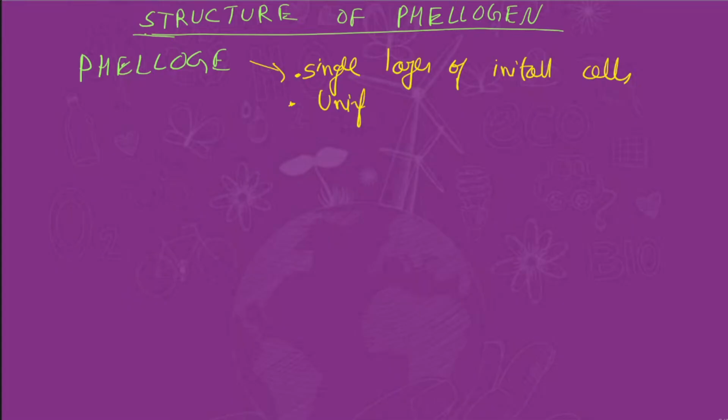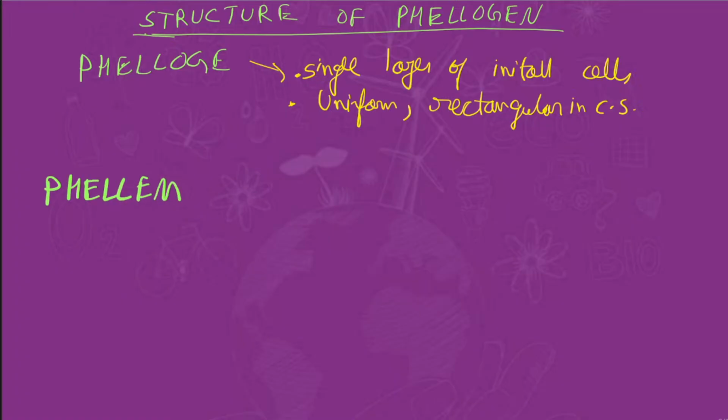Cells are uniform, rectangular in cross section.